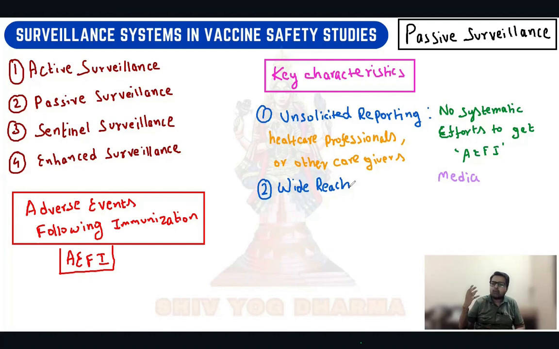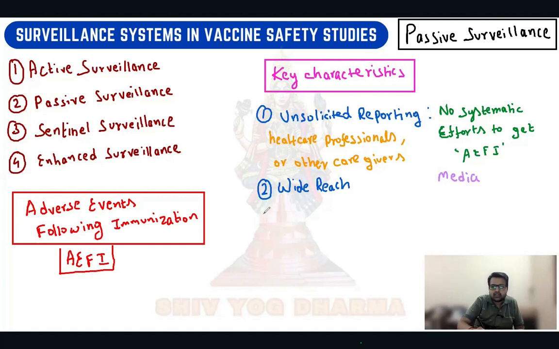Because if a common man facing that rarest of the rare AEFI communicates his problem to the caregiver or health professional, and from there it is sent to the concerned authority, then they can track and get that adverse event following immunization. So passive surveillance solves the problem faced by active surveillance, and it has a very wide reach.